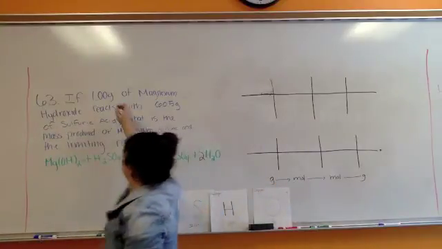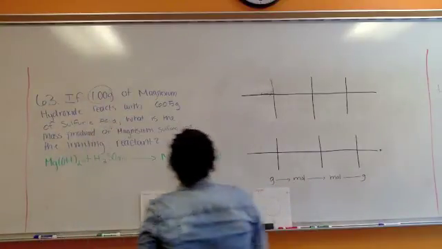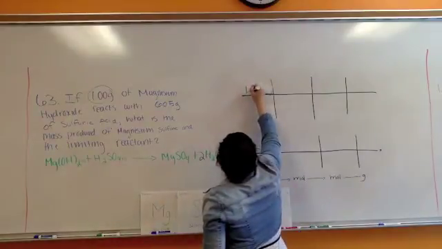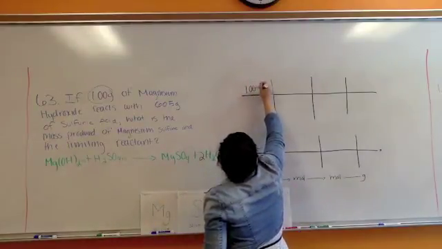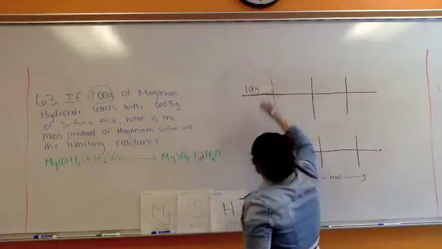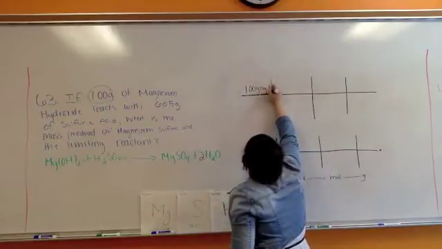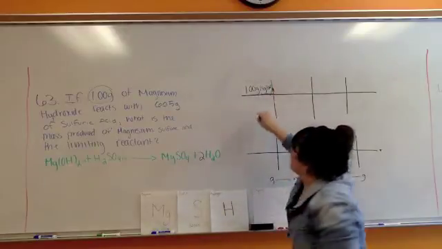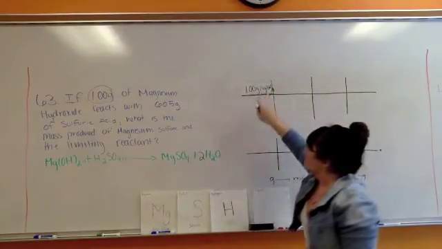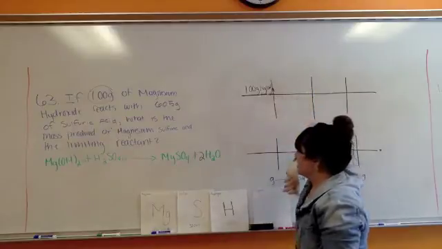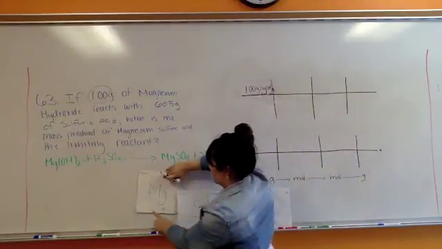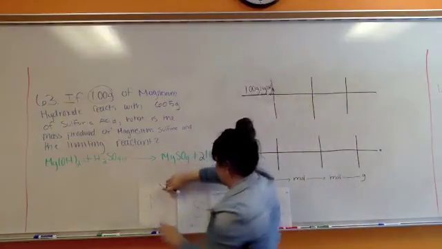So you're going to put the given, which is 1 gram, right here, and it is of magnesium hydroxide, which is Mg(OH)2. And then you're going to find the molar mass of this, because you have to do the unit conversion. You have magnesium, which is 24.31.